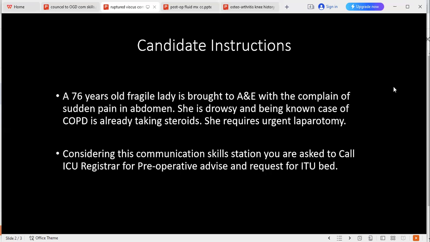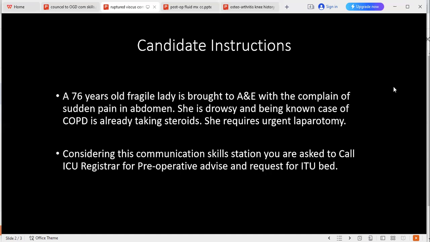We also did an ultrasound and a chest X-ray. The ultrasound shows free fluid, and in the chest X-ray there is air under the diaphragm. So we are going straight to take the patient for OR.